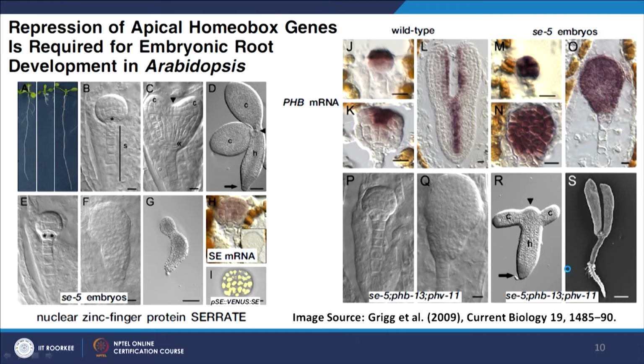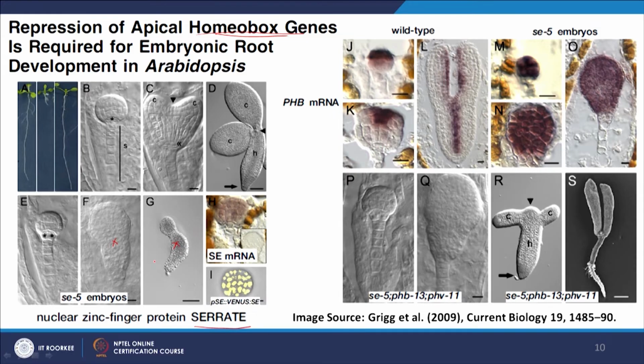And one of them belongs to another class of transcription factor, which is called Homeobox transcription factor. And here you can see that if you look at the mutant of the serrate gene, serrate is a nuclear zinc finger protein. In this mutant, what you observe is that proper embryogenesis is totally defective and there is no proper organization of the cells, no proper organization of the apical meristems.